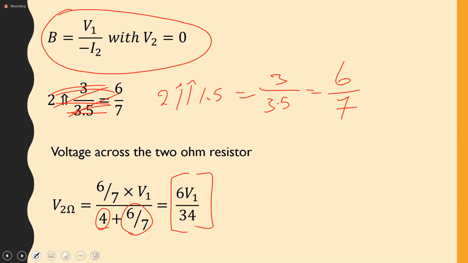And what we're interested in, B, is V1 over I2. So I have the voltage across the 2 ohm, but it's also the voltage across the 1.5, which would give me I2. Yes?